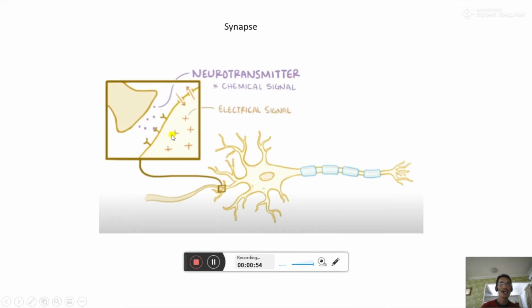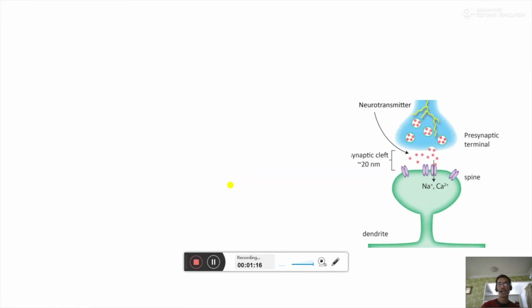Then it will produce another electrical signal here, and then it passes over. This is what happens in the synapse, and basically this happens in all synapses, in all the dendrites.